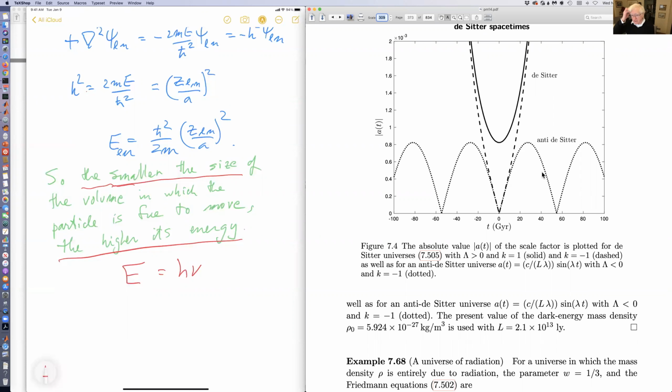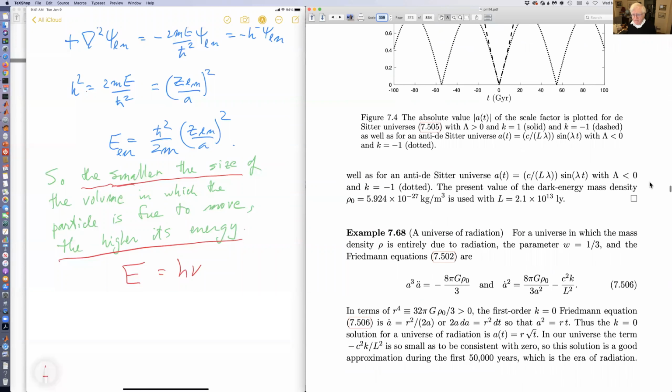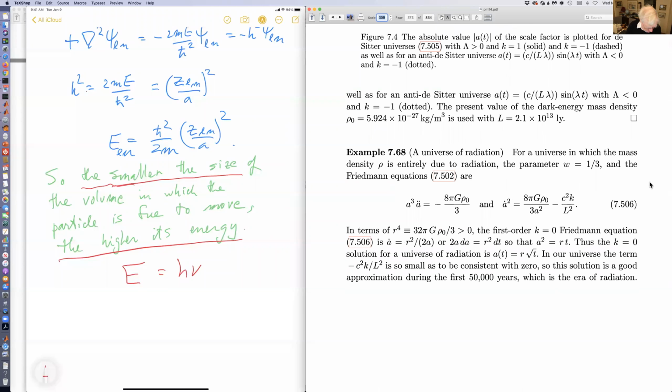And if we jump ahead another 20 billion years, it's going to be almost exactly the right answer. And you see, for de Sitter universes, you can have a universe that essentially bounces. That's one possible description of the Big Bang.